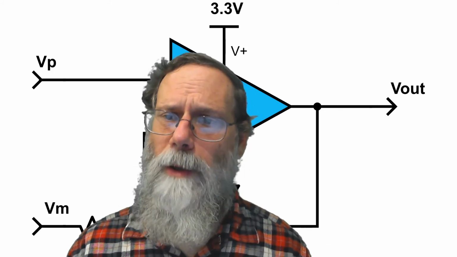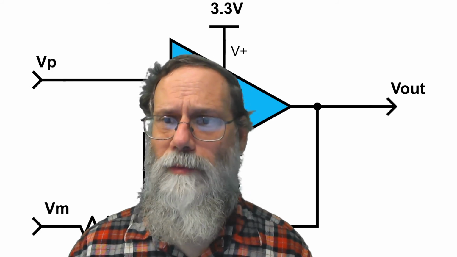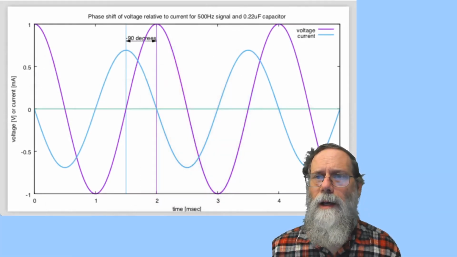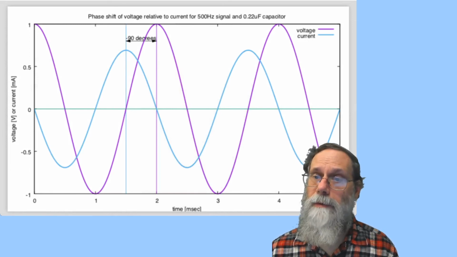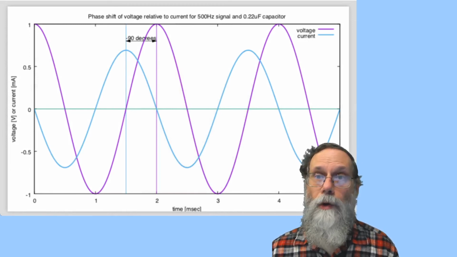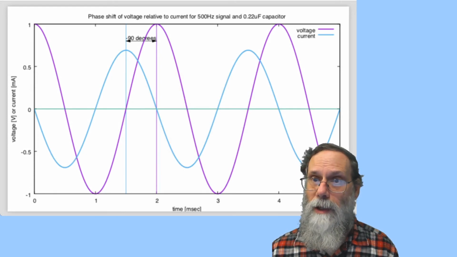So let's take a quick look at the plot of what I mean by that. Okay, the purplish line here is a voltage. The blue line is a current.